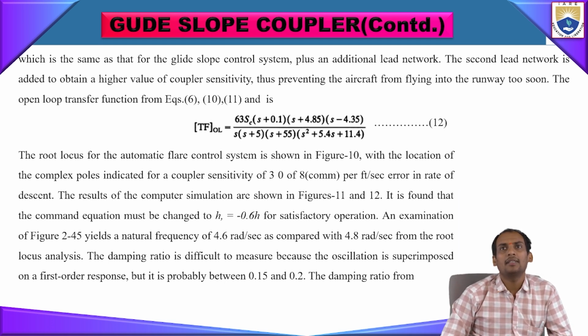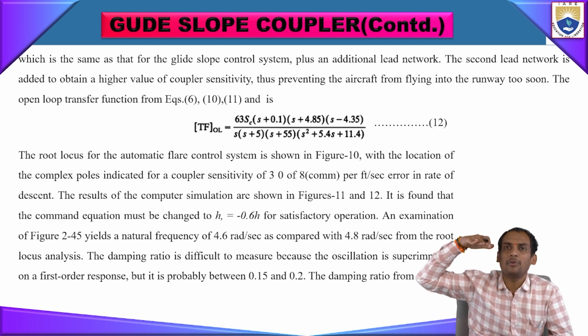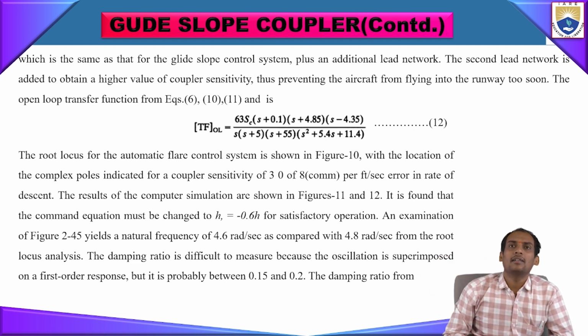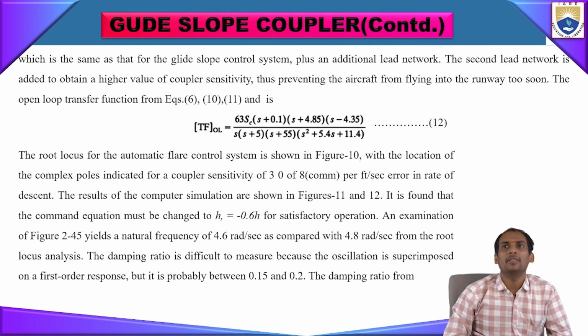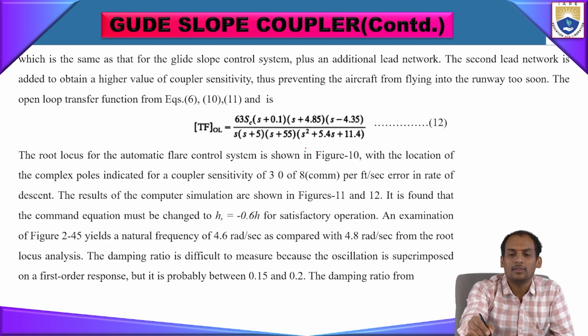This is to prevent the aircraft from flying into the runway too soon, when the proper height is not reached, since there is an approach before the touchdown approach also. To control that, the open loop transfer function has been given here.